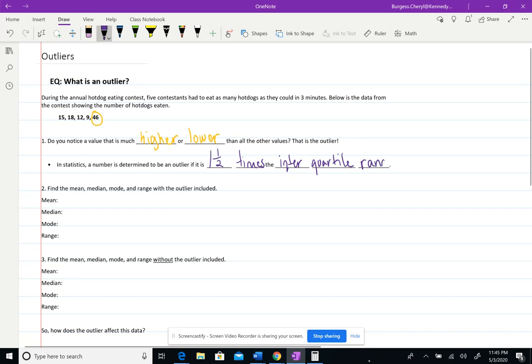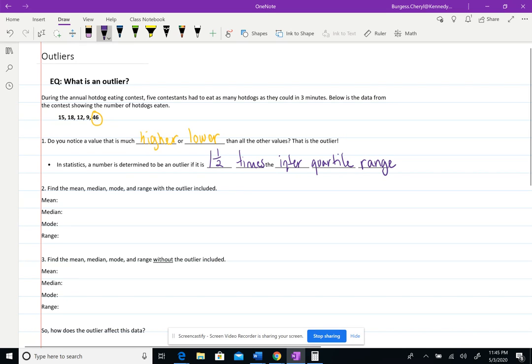And we learned what that was last week, right? The IQR was the range of the box in the box and whisker plots. Okay, so let's go ahead and find the mean, median, mode, and range with the outlier included.